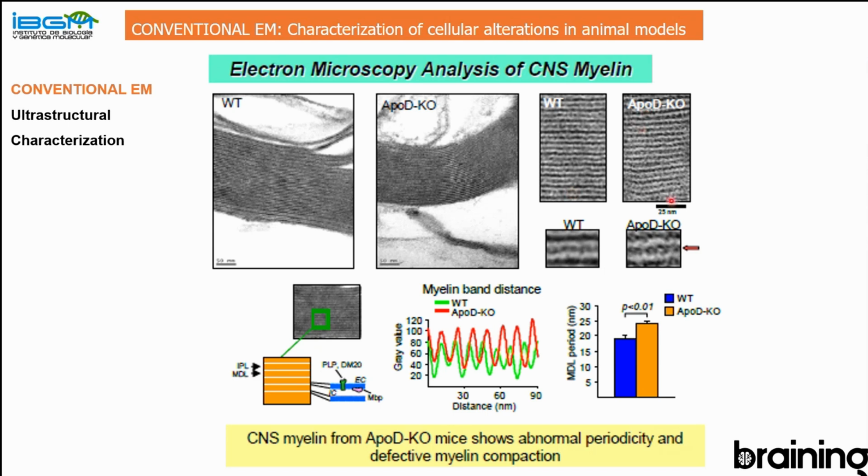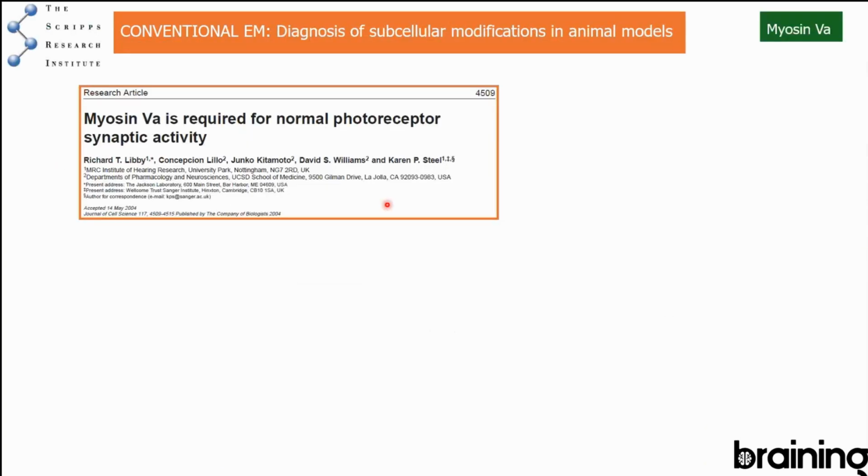And at this point, you can measure the periodicity of these lines in the myelin at the EM level. So we detected these defects in the ApoD knockout model, and you do a characterization of the myelin in this animal model.